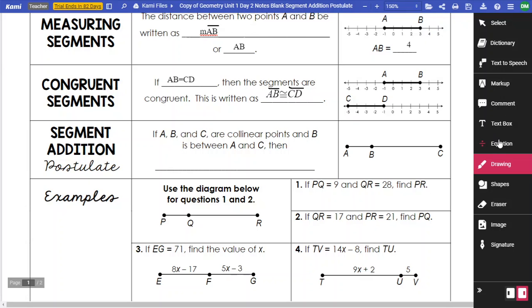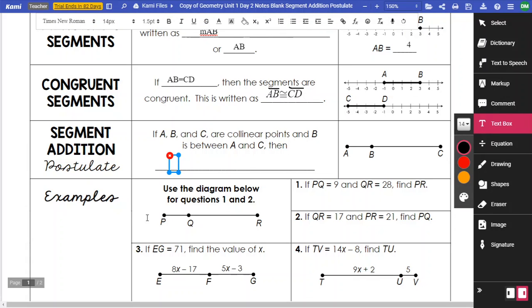So if A, B, and C are collinear points, remember that means that they're all on the same line, and B is between A and C, okay? So we got A and C on the bookend, B somewhere on the same line in between them. Then we can say that AB plus BC is equal to AC.